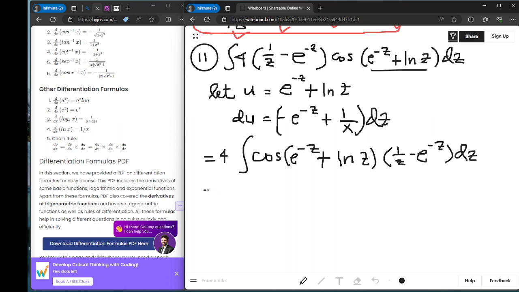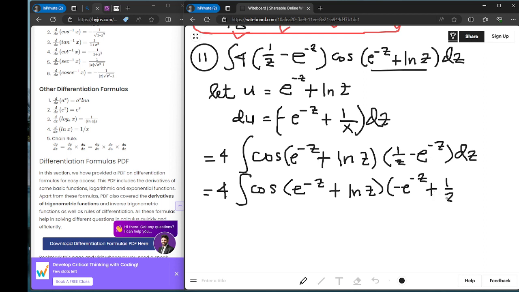So this can be rewritten as 4 times the integral of cosine of e to the negative z plus ln of z times negative e to the negative z plus 1 over z dz.